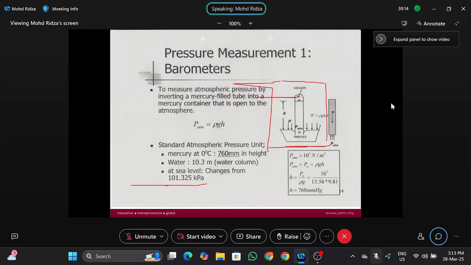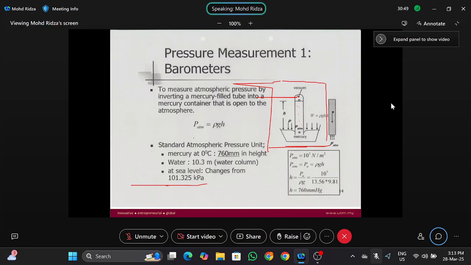So when the pressure here is zero, and outside here is atmospheric pressure, the atmospheric pressure will push the mercury inside, because it is higher than zero. It's going to push until the weight of the mercury balances the atmospheric pressure, and then it's going to stop.